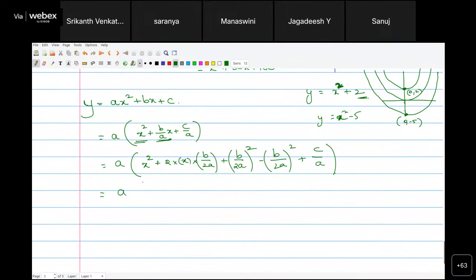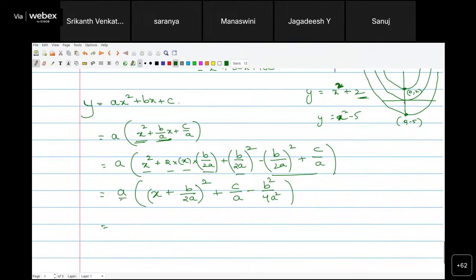So now x square plus 2 times x times b by 2a plus b by 2a whole square, I can simply write as x plus b by 2a whole square, and these two terms will be c by a minus b square by 4a square.